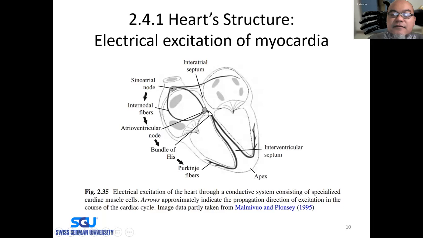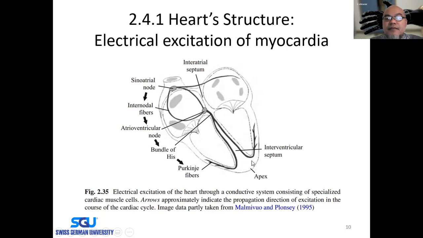After the bundle of His, it branches to the right side and the left side of the heart, to both ventricles. Then the electrical excitation is spread throughout the ventricular space at the bottom using these Purkinje fibers.